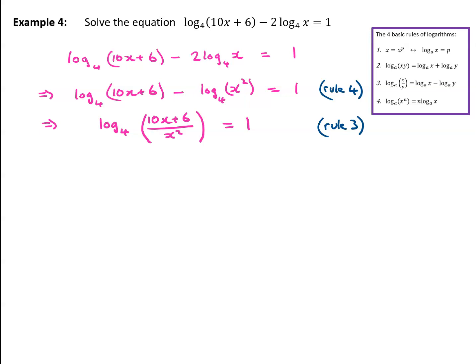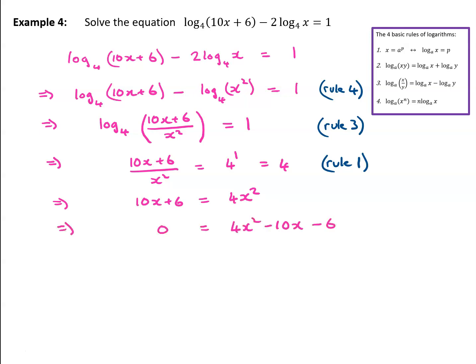Using my basic definition of logarithms, the fact that this is equal to 1 means that I can say that 10x plus 6 over x squared is 4 to the power 1, which is 4. So that was using rule 1. So I've now got 10x plus 6 equals 4x squared, or 0 is 4x squared minus 10x minus 6.